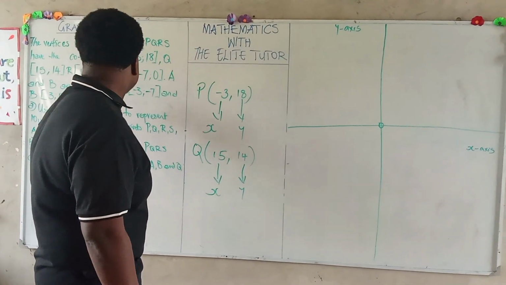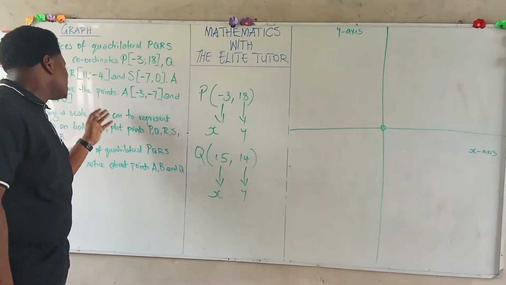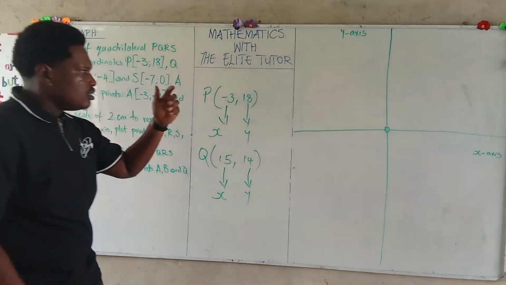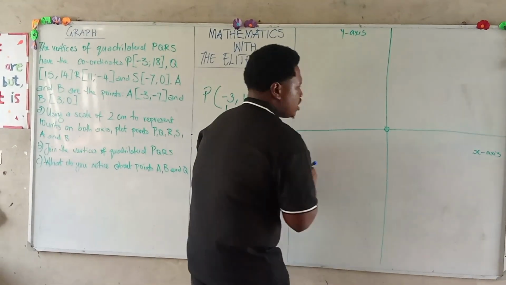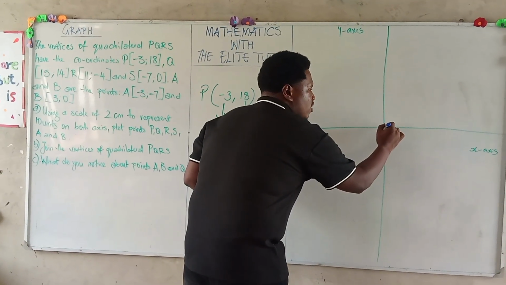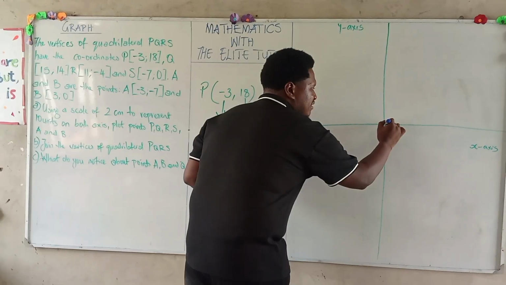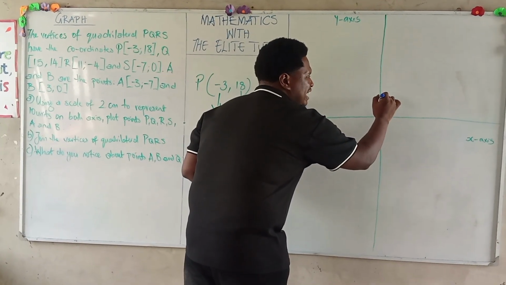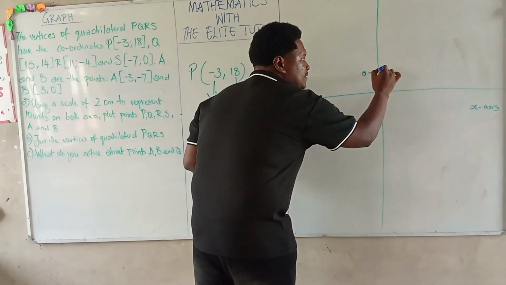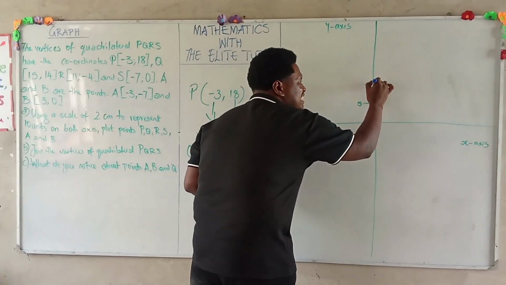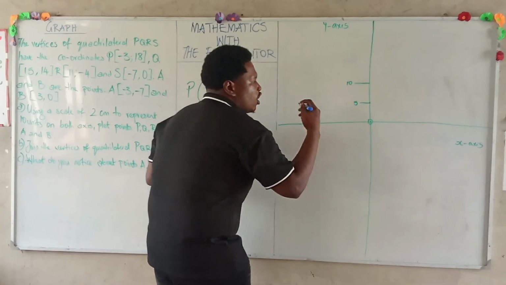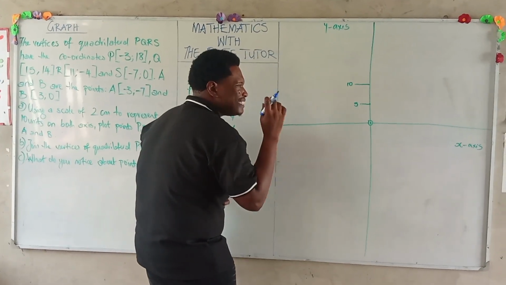Now, the scale given to us in this question is 2 cm to represent 10 units. This is not an actual graph sheet, but in an actual graph sheet, this is 0. From 0 to the first box, it's 5, and from this 5 to the next box, it's 10. So we are simply saying that for every 2 small boxes it represents 10 units.